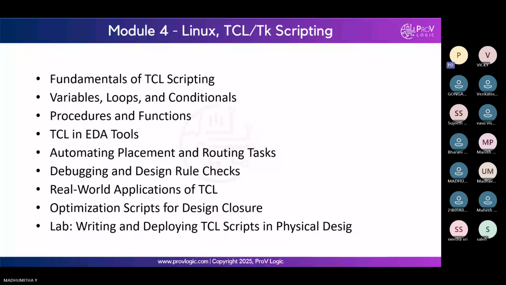So by doing an automated flow, I can get an estimate of how my design is going to respond with respect to power, performance, and area. By doing that, I'll understand an estimate of the errors that I'm going to see in my design. And with respect to that, if I start the manual flow, then fixing of the timing violations will be much easier. So that is where the automated flow will be helpful.